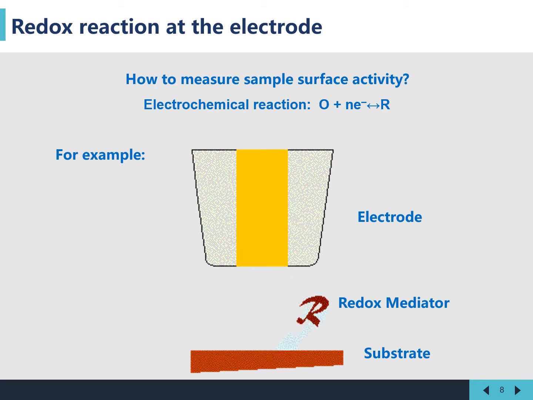Once you apply a suitable potential, the following reaction occurs. The oxidized species is reduced to reduced species. So in this way, you can measure the current, and depending on the increasing current, you will know the activity of the sample substrate surface.